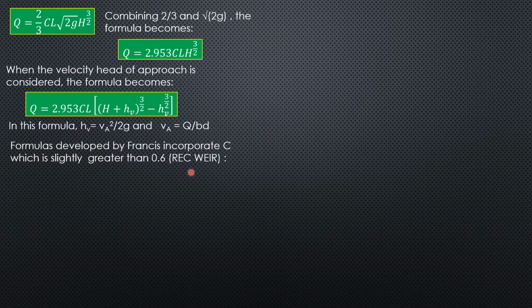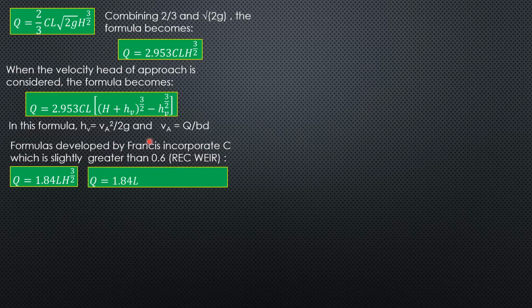By his experiment, this is an empirical formula, and it becomes 1.84 LH to the 3 halves, neglecting velocity of approach. If the velocity of approach is considered, then we replace H by the same. So 1.84 L quantity big H plus H sub V to the 3 halves minus H sub V to the 3 halves.